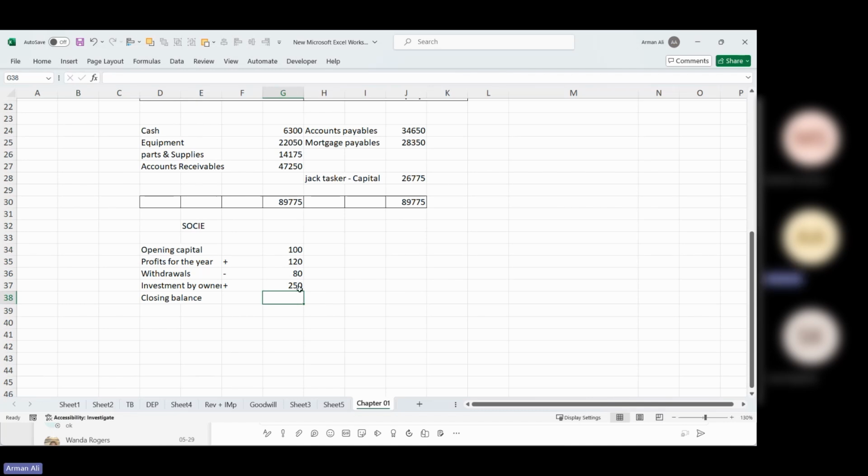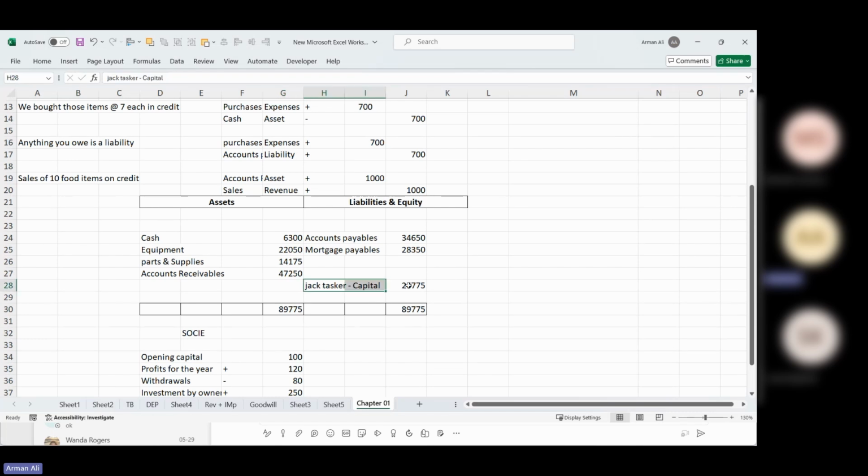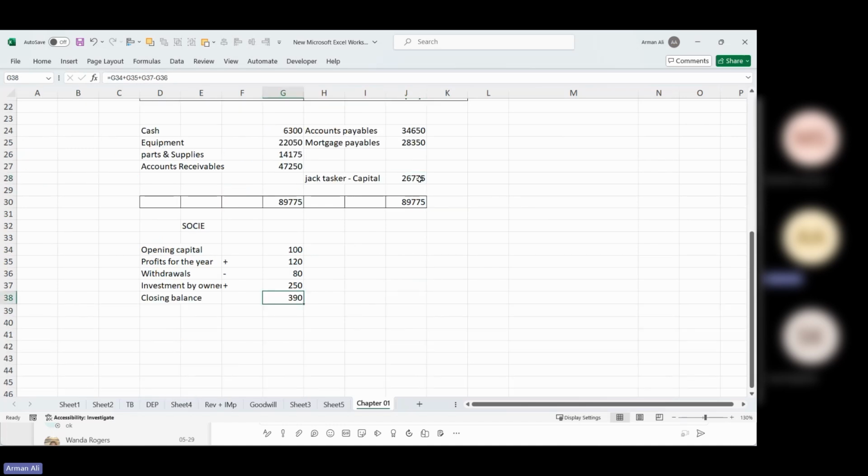I'm going to take 100 plus 120 plus 250 minus 80. So this is my closing equity. We would say this is my opening capital, this is my closing capital, and this amount 390 would appear in my capital in front of this title, Jack Tasker Capital. I would say it's 390.